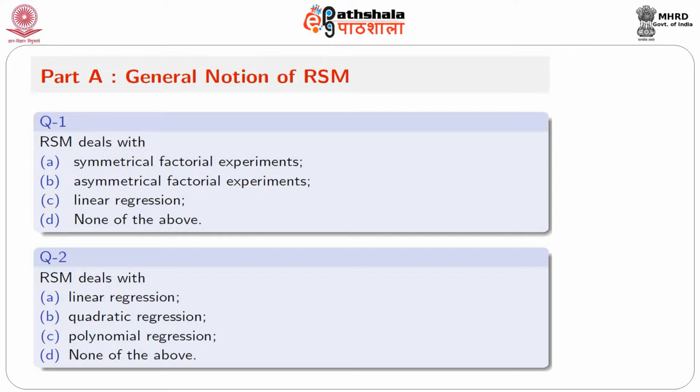Here the sense carried in the options looks like you are talking about only one x: y equal to alpha plus beta x, or y equal to alpha plus beta x plus gamma x square, or y equal to alpha plus beta x plus gamma x square plus delta x cube, etc. When you are referring to polynomial regression, the sense is always in terms of y and x, which is not the case for RSM. Therefore, the answer still should be none of the above.